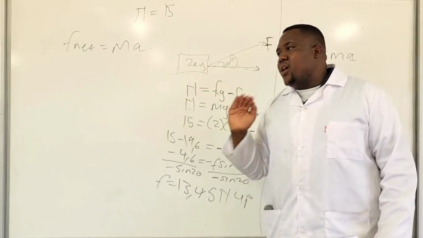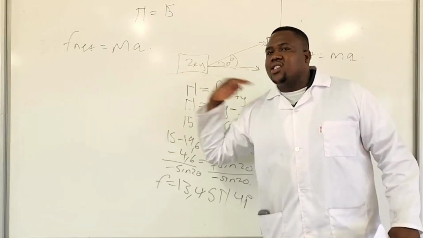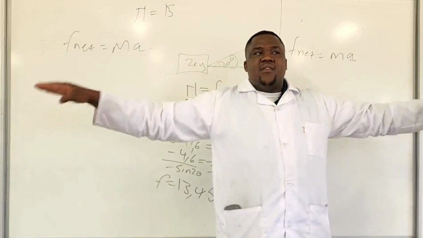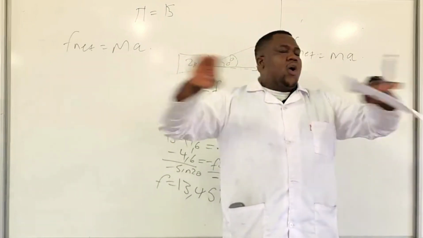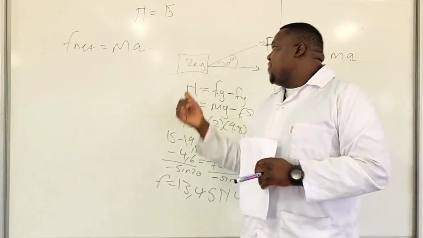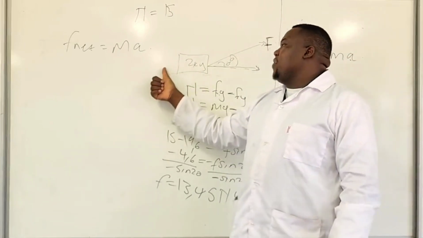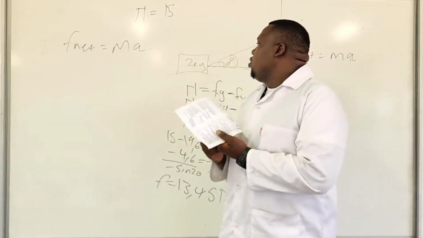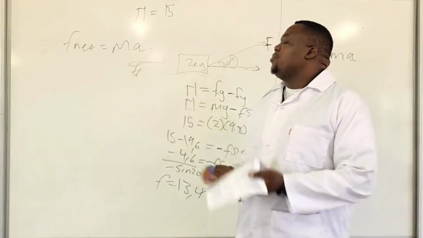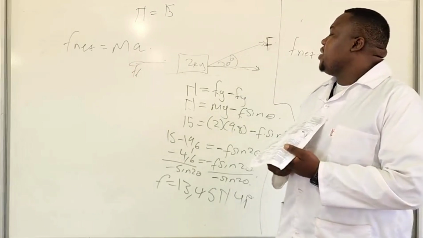All the time, we check only forces that are horizontal to the surface, forces which act in this direction to the surface. You understand? Only forces that are like this, that is F net. So the first force is frictional force, because frictional force will be going in that direction.